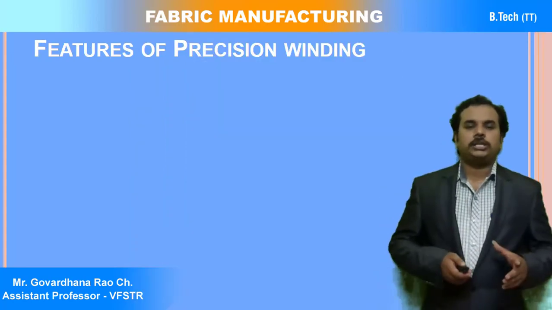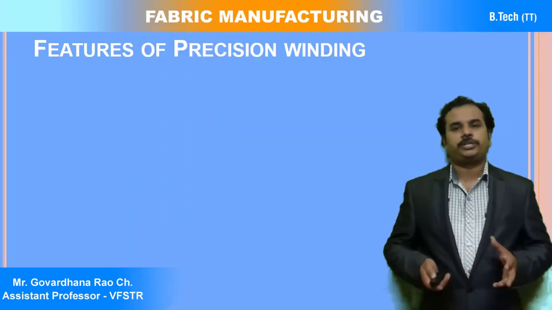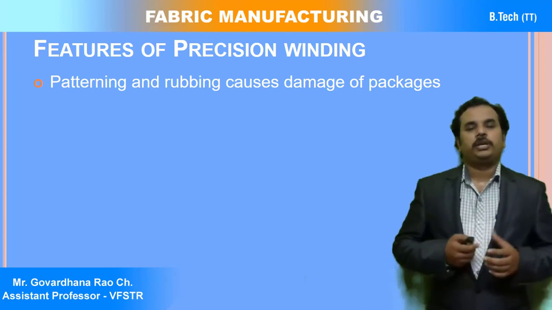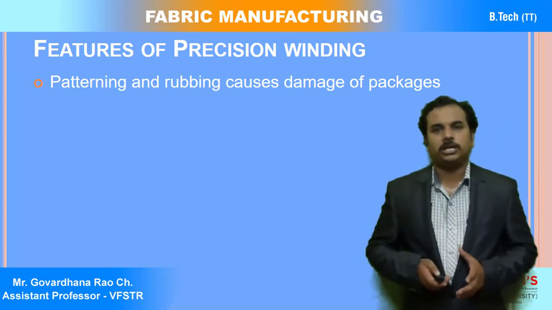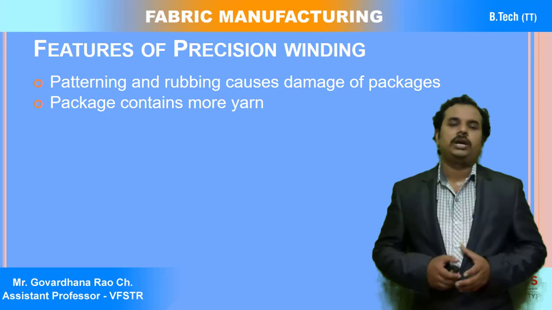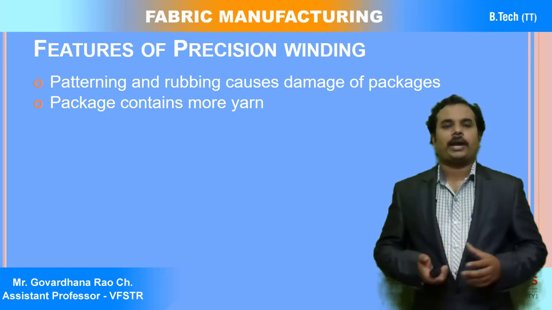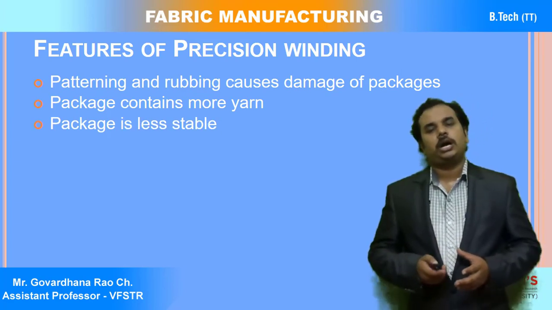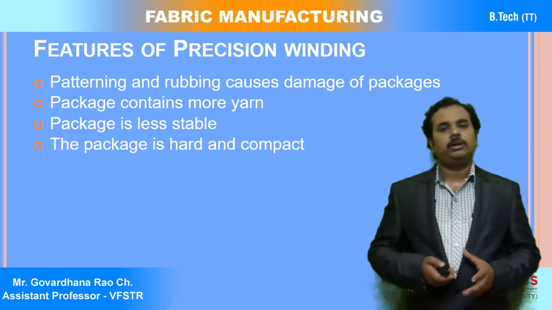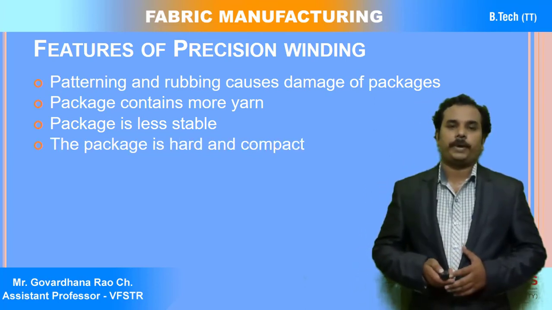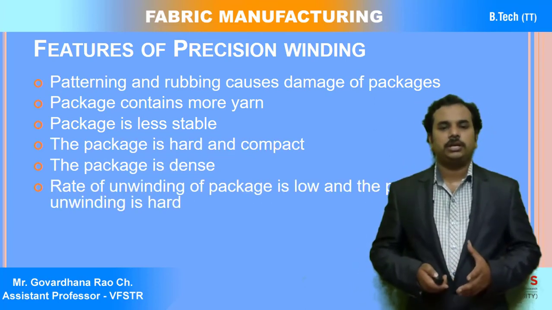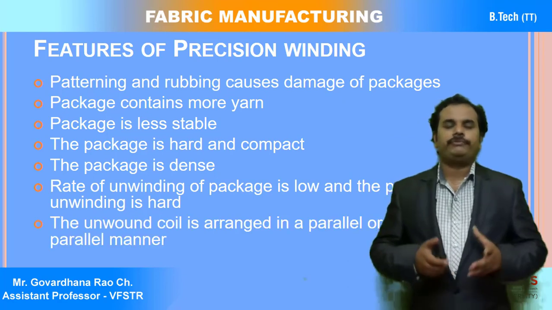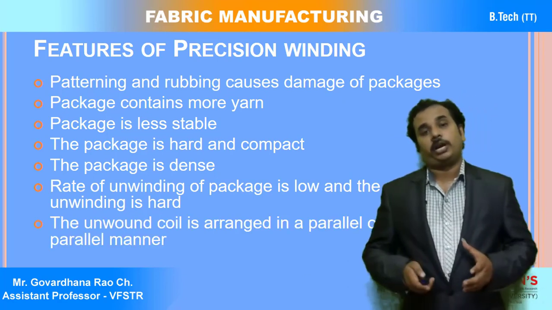Here you can see the features of the precision winding machine. Patterning and rubbing cause damage to the package, the package contains more yarn, the package is less stable, and the package is hard, compact and dense. These are a few features of the precision winding machine.